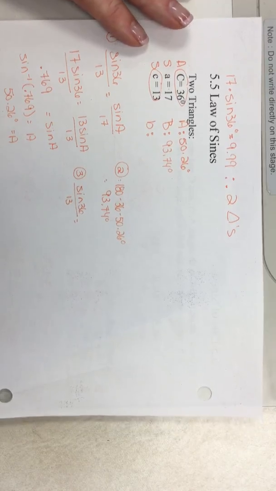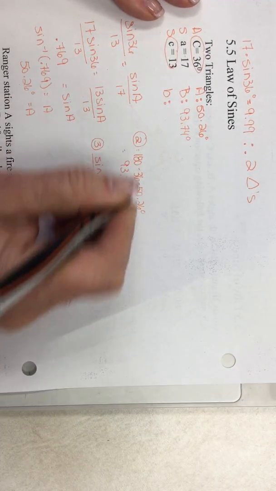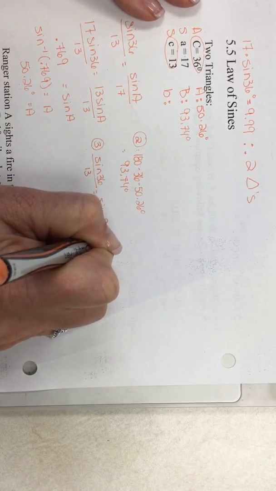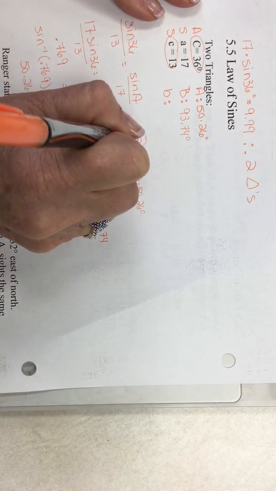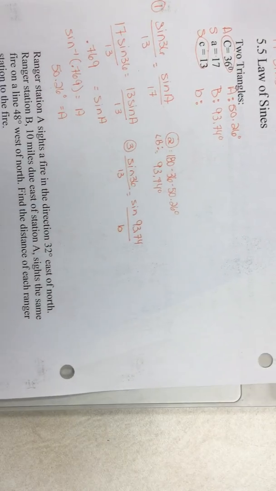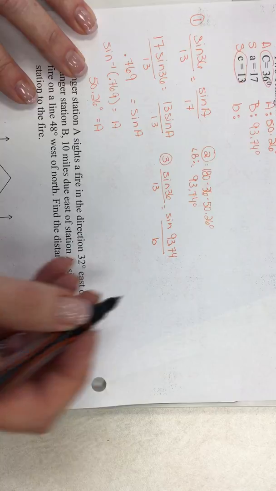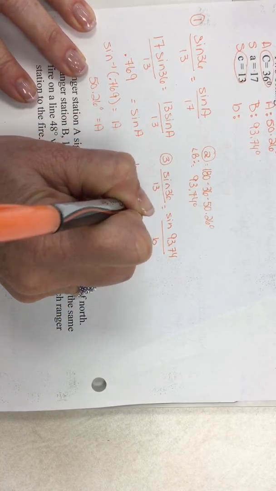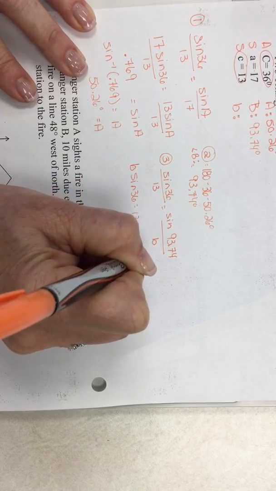And then I'm going to set it up so that I can find my B. So I'm going to take the sine of my angle B over side B. Using cross multiplication, I get B times the sine of 36 equals 13 times the sine of 93.74.